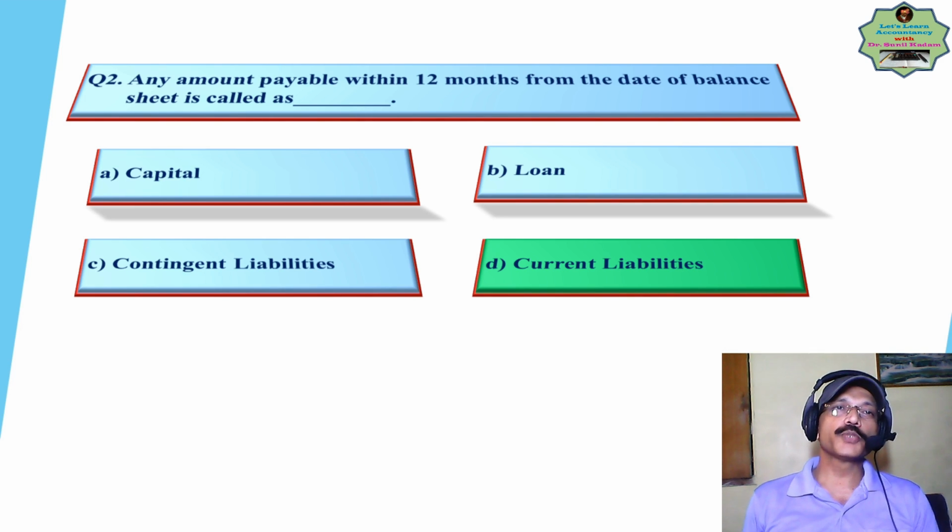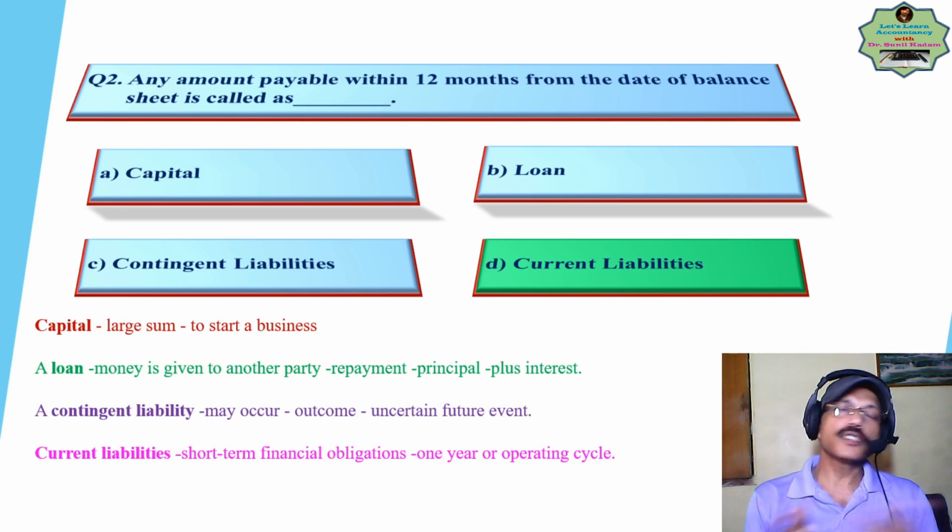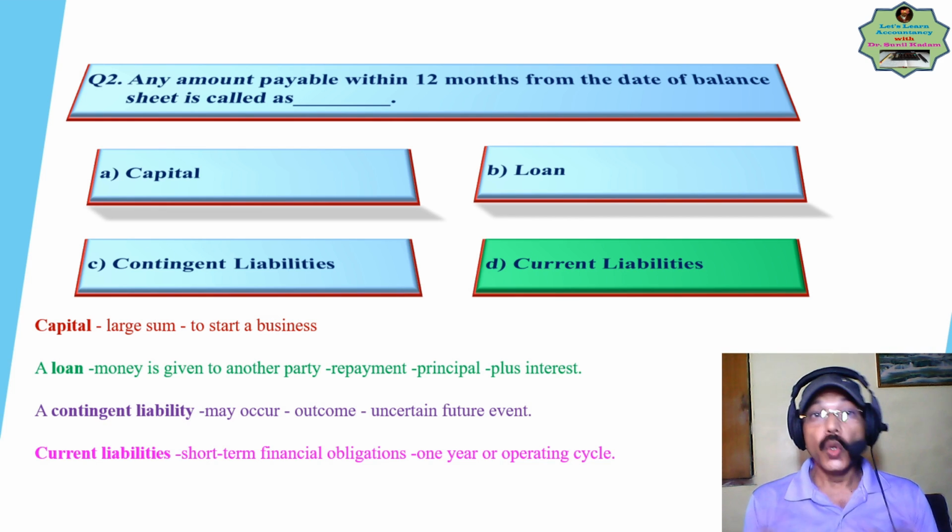The other options here are capital. Capital is a sum invested in the business, which will be for a longer period, not for 12 months. A loan is taken from a bank or financial institute, and will be repaid but not within 12 months, with the principal plus interest to be paid.